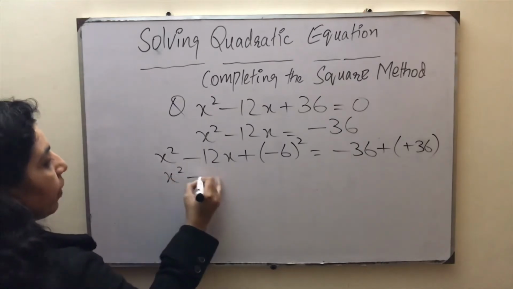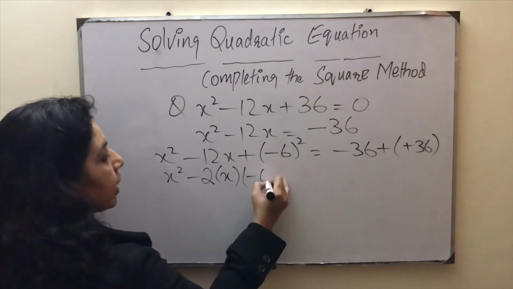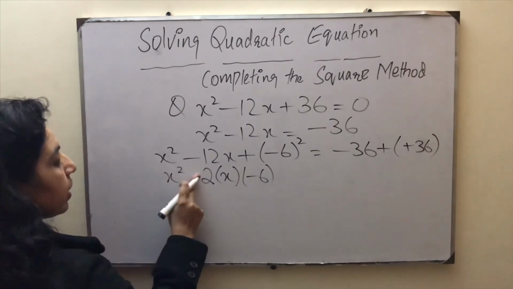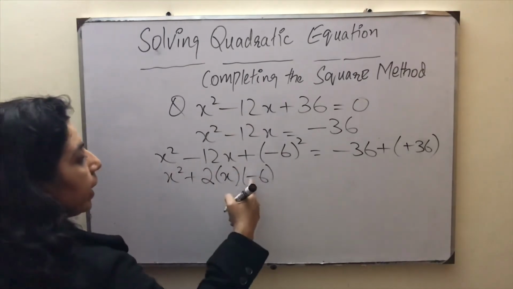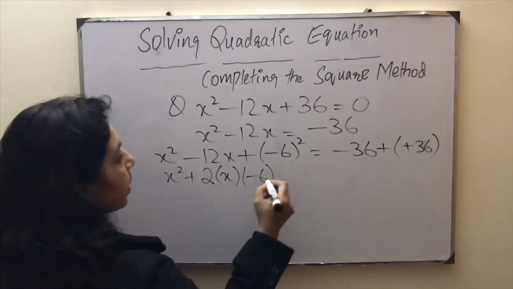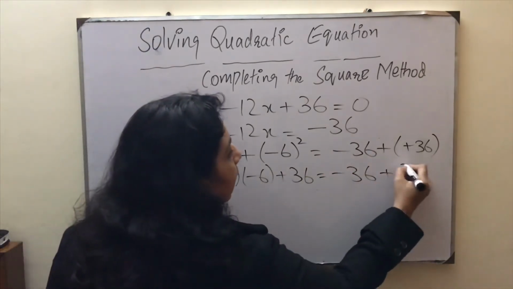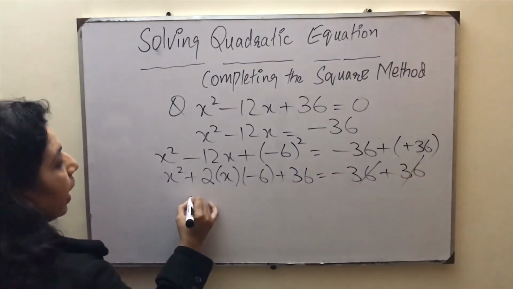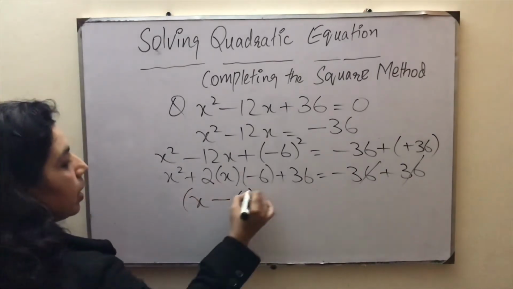From this side, twice this x along with this negative 6 will make it negative 12x plus 36. And on this side, you will see that positive 36 will cancel negative 36 and you will have x minus 6 whole square.